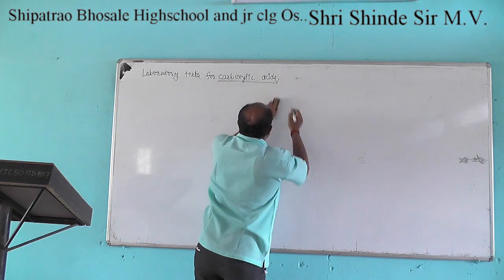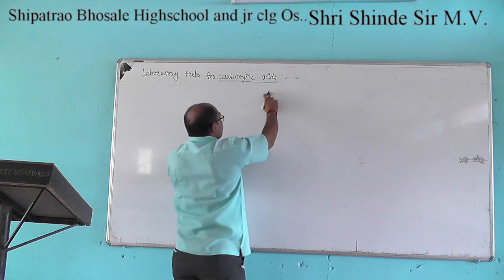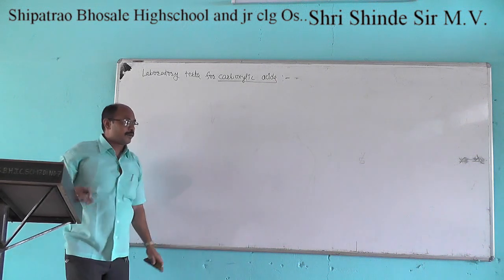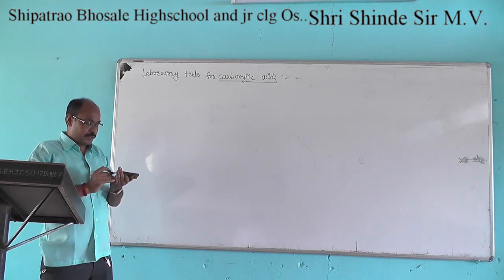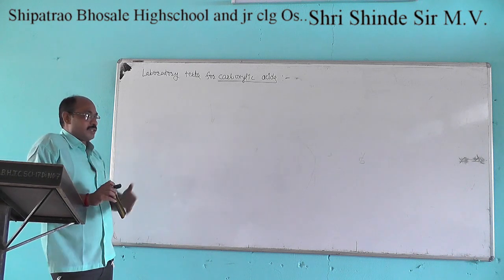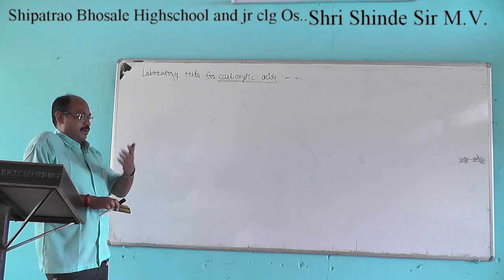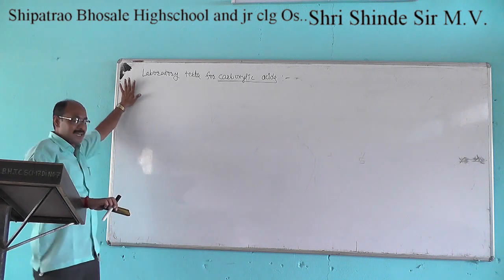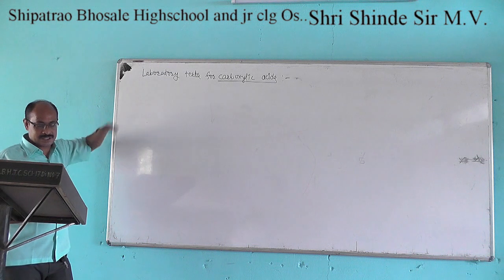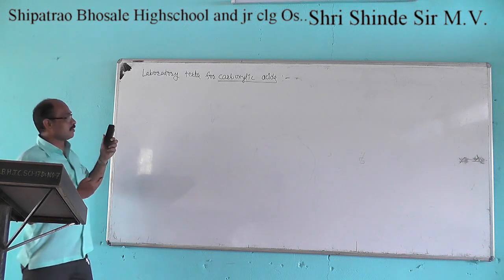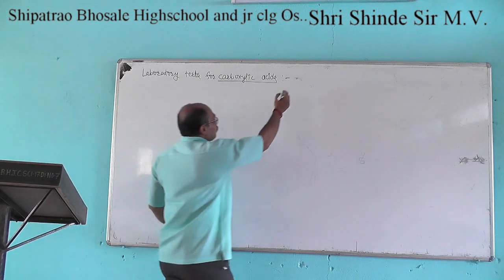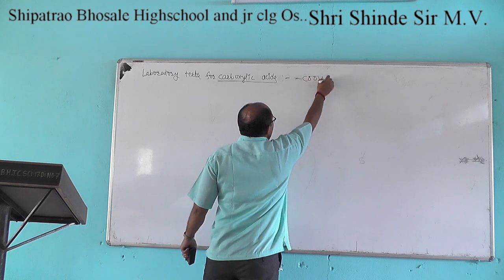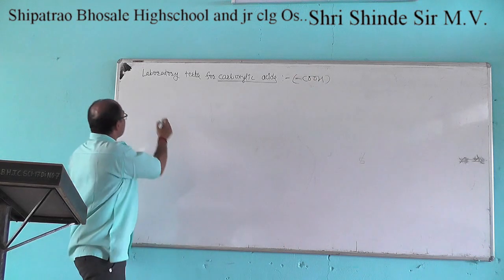As we observe in the laboratory tests for aldehydes and ketones, the Tollens reagent test, the Fehling solution test, and for ketones the sodium hydroxide test, like this the laboratory test for carboxylic acids, or the carboxyl group, is first the litmus paper test.